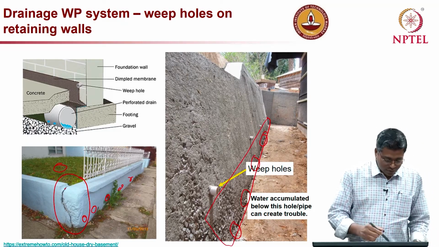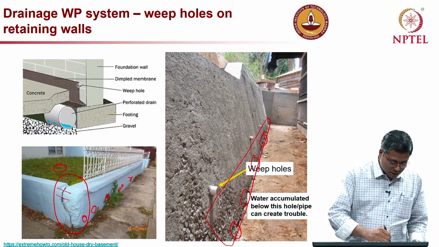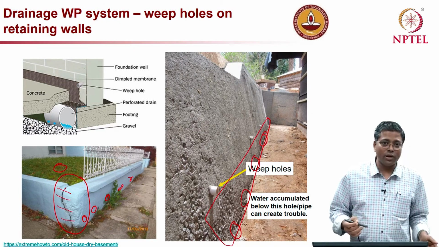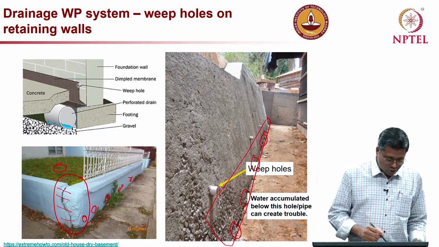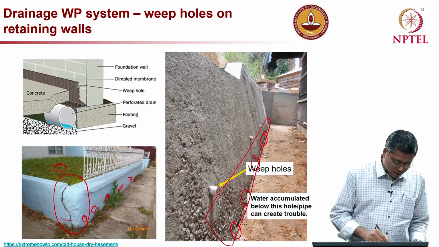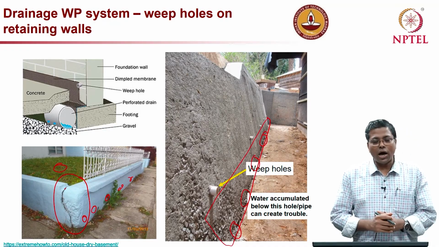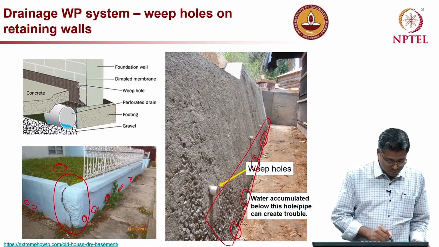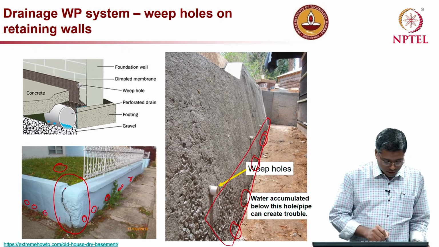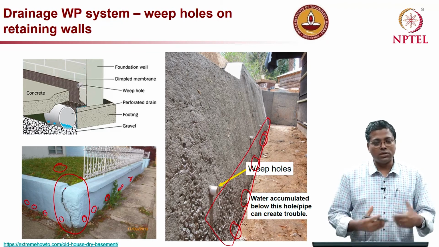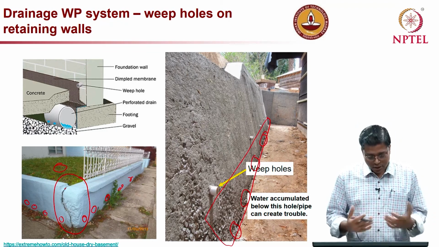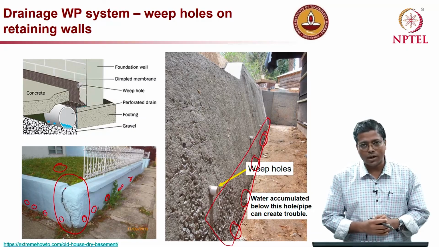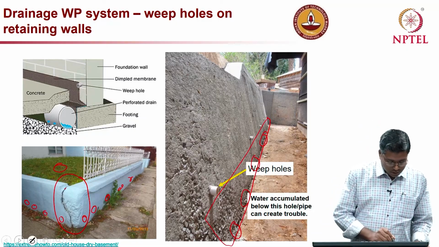I am eliminating the possibility that there may be a discontinuity, or that the brick work may not be properly done, but assuming all that is proper, this shows how important the weep holes are. So, when we do something like this, please provide some weep holes like this, so that whatever moisture is there will come out, and it will not allow that hydrostatic pressure to generate, which will lead to the cracking.